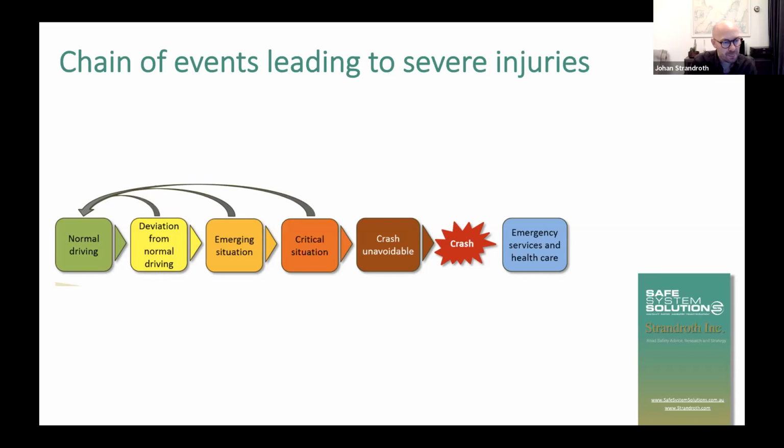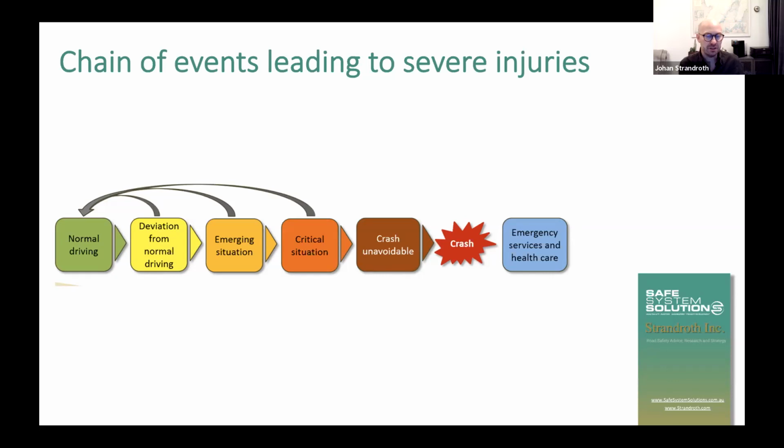And it's pretty much that root cause analysis type of chain from the bottom of the picture in the previous session, but translated into a road crash, and in many cases a vehicle crash context. So we start our journey in normal driving, but then something happens.